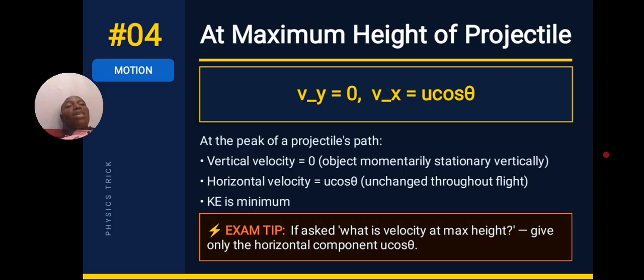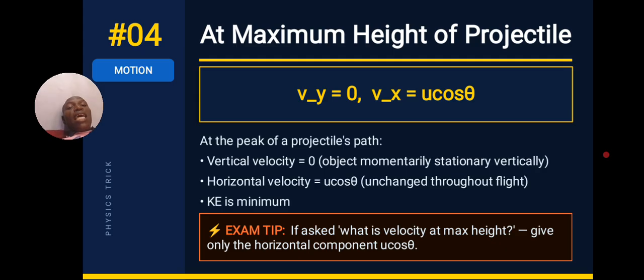Now, at the maximum height of a projectile, there are some questions JAMB would ask you. One, they might ask you the vertical velocity. Two, they might ask you the horizontal velocity. They might also ask about the kinetic energy, whether it is minimum or high, or where it is minimum.